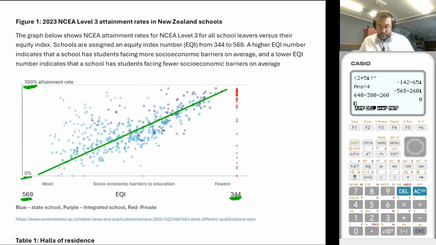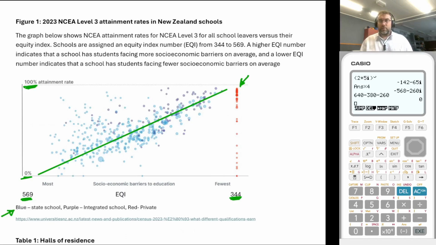Also, we've got these red dots out to the side, and the dots in the middle are some purple and some blue. At the bottom it tells me blue is state schools, purple is integrated schools, and red is private schools.